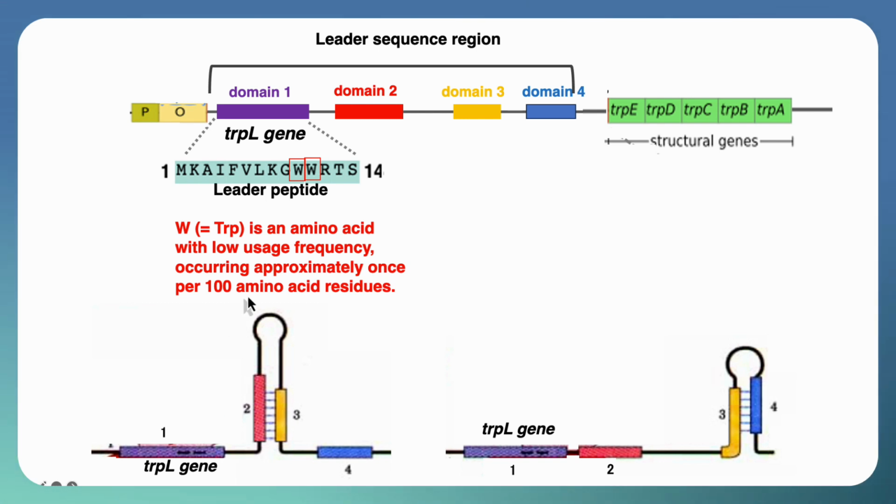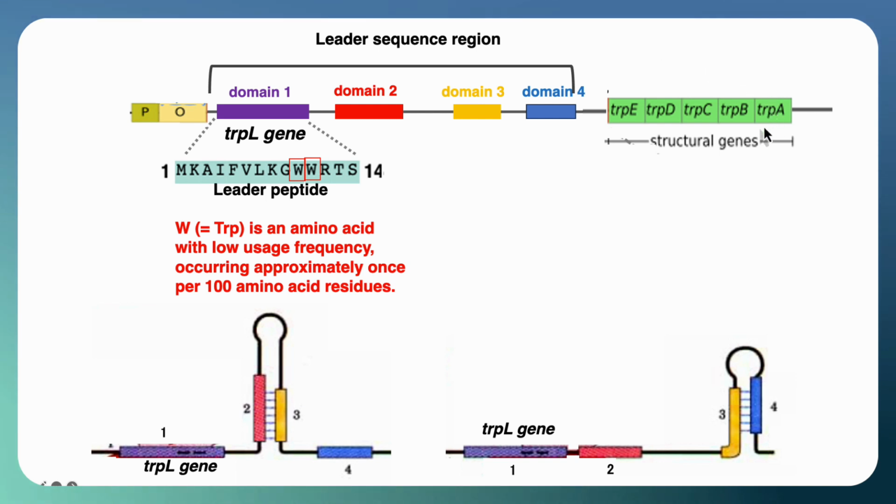Domains 2 and 3 can form a hairpin structure as shown on the left side of the figure below. Similarly, domains 3 and 4 can form another hairpin structure as shown on the right side of the figure. This means that domain 3 has sequences capable of forming hairpin structures with both domain 2 and domain 4.